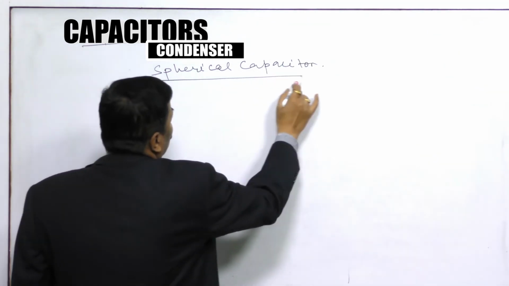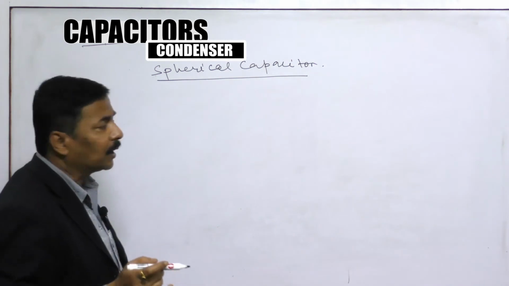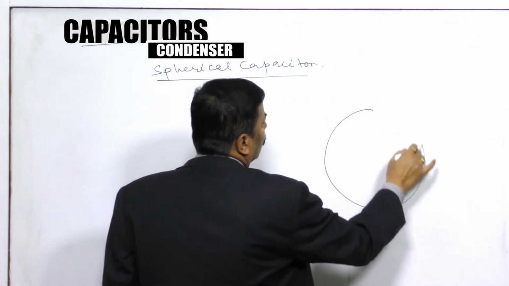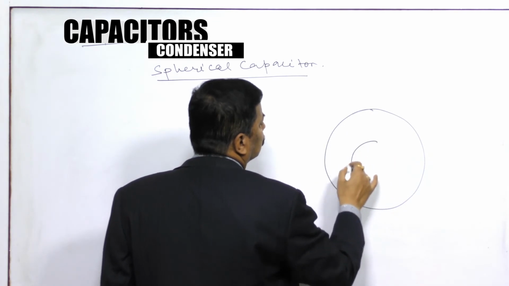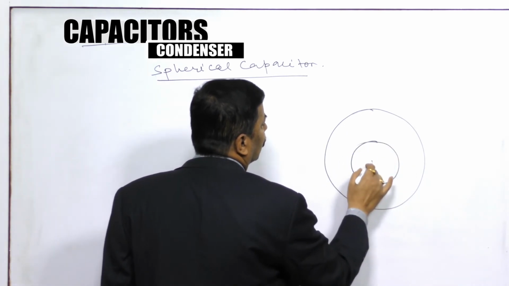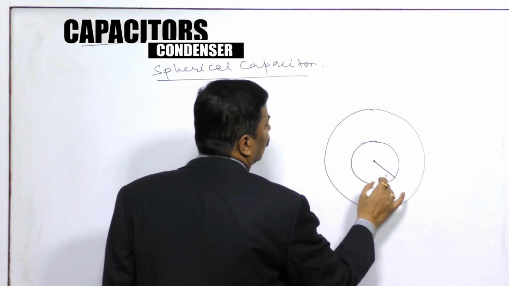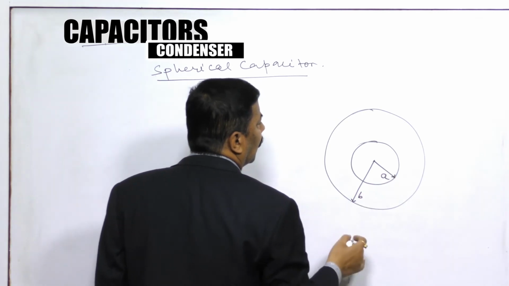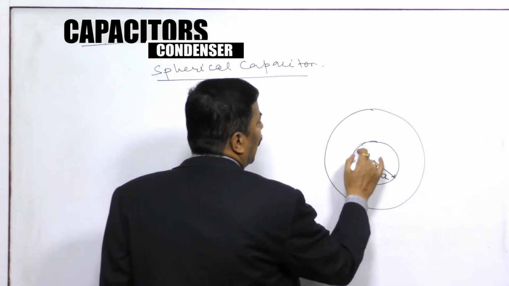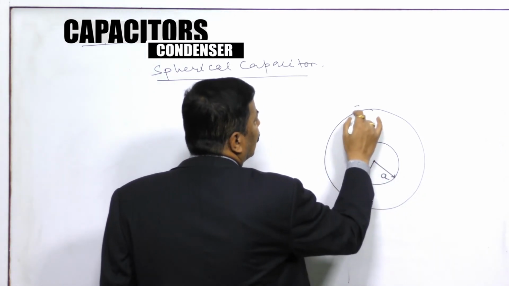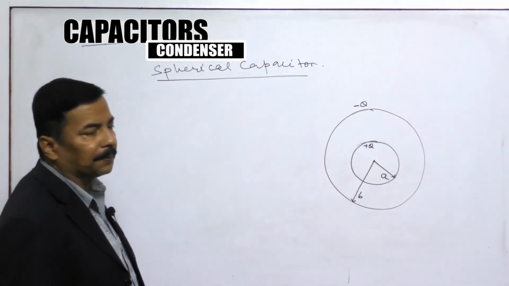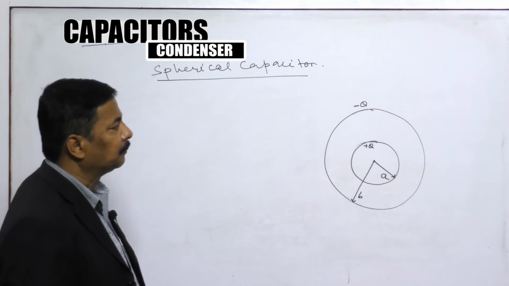You have understood that an arrangement of two conductors should be there. I am taking one spherical conductor and another spherical conductor. The center is here. This is A, this is B. Here I am giving plus Q charge, here it is minus Q. First step, I am trying to find the capacitance.